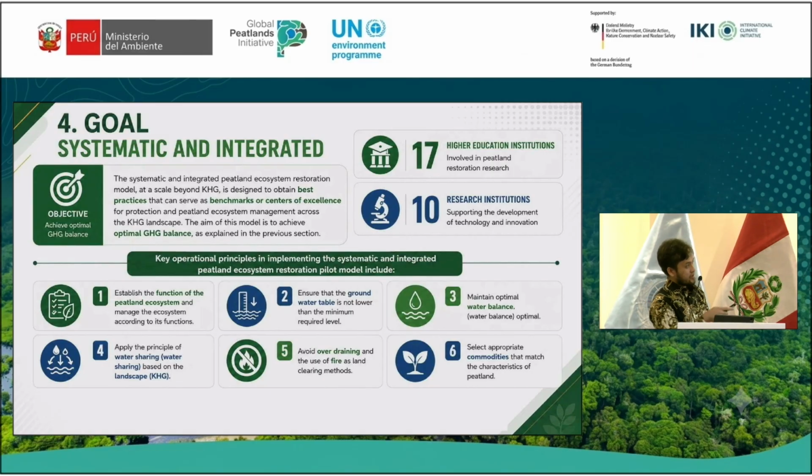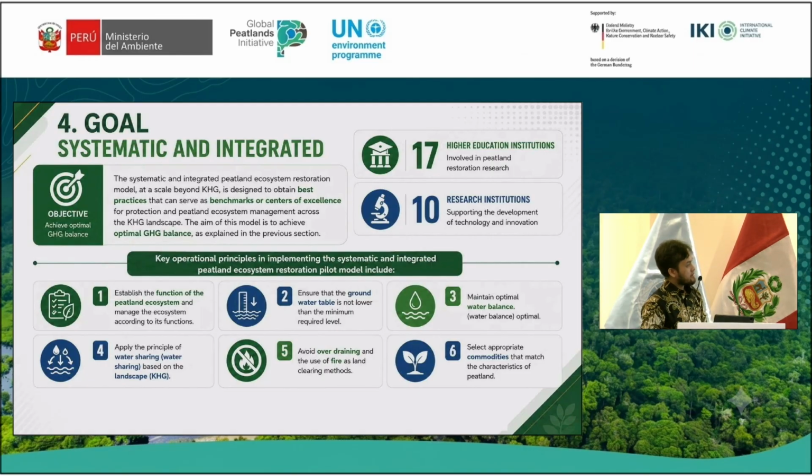And to achieve this goal, Indonesia applies 6 key operational principles. First, establish the function of the peatland ecosystem and manage the ecosystem according to its functions. Apart from the KHG map I mentioned before, Indonesia also has a peat ecosystem function map, which separates the protection function and the cultivation function.